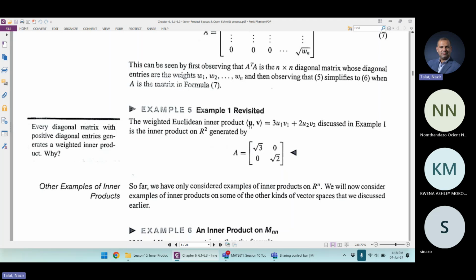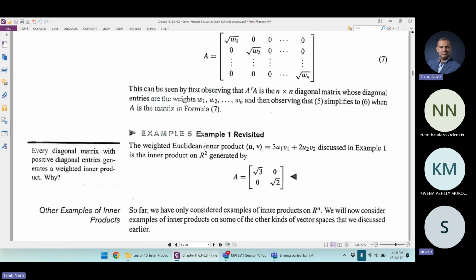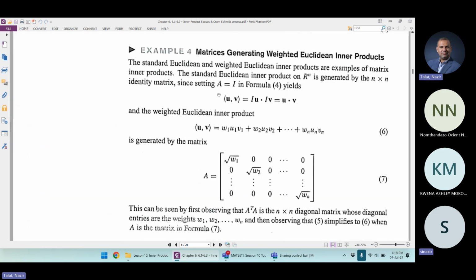If u and v are two vectors from R2, then we can describe this inner product with a matrix A which has these entries, and you can check it by applying it in this way.